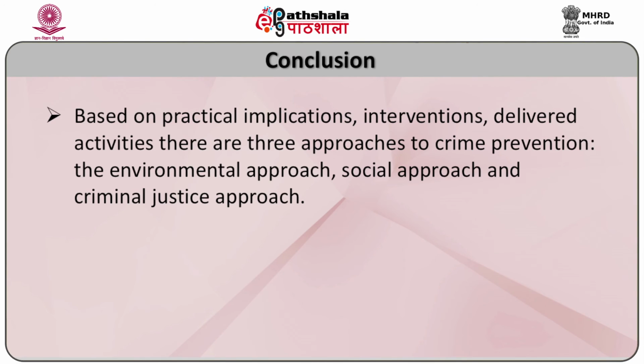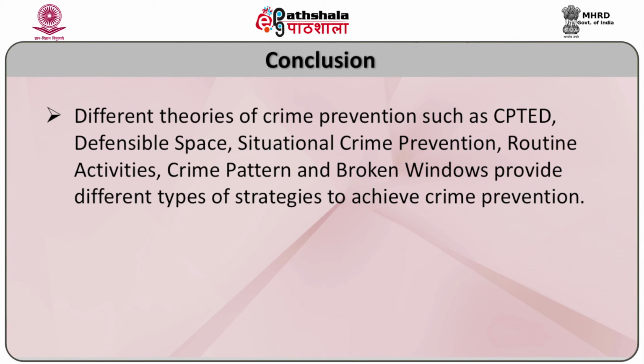Conclusion. Based on practical implication, interventions, and delivered activities, there are three approaches to crime prevention: the environmental approach, social approach and criminal justice approach. Different theories of crime prevention such as CPTED, defensible space, situational crime prevention, routine activities, crime pattern and broken windows provide different types of strategies to achieve crime prevention.